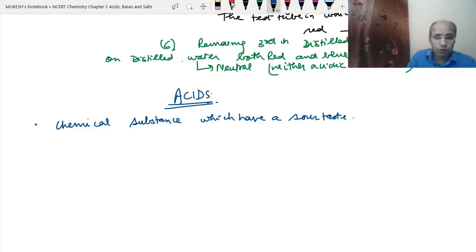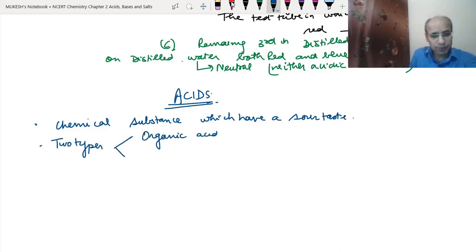Now we can categorize acids into two categories. One is organic acids, which are found naturally, basically in plants and animals. Second, we have mineral acids. So they have two types. One is the organic acid, or naturally occurring acid.